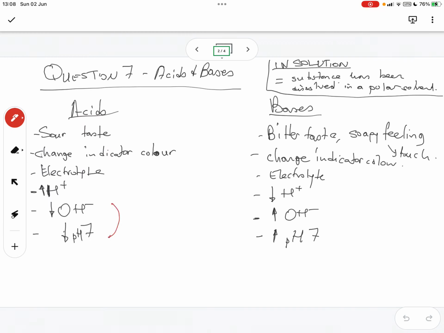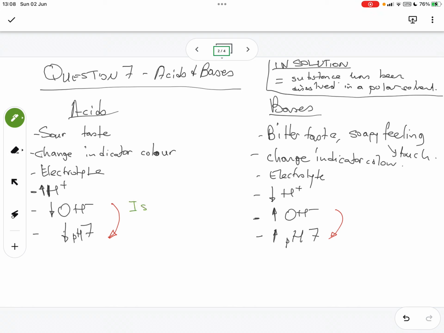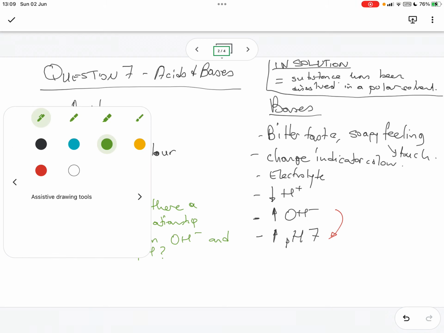Yeah, ne? So are you seeing there's a relationship between hydroxyl ions and pH? So maybe we can question that. Is there a relationship between the presence of hydroxyl ions and pH? No one?